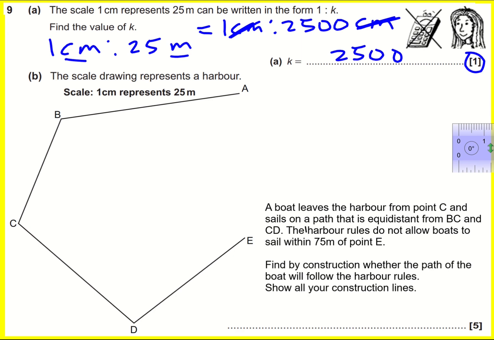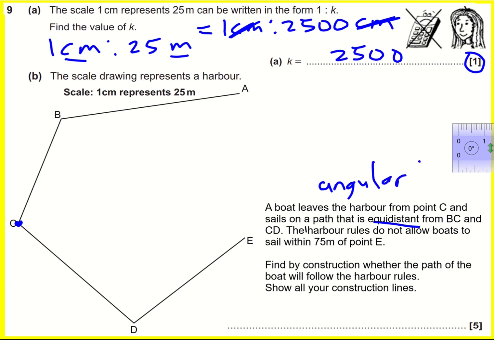Second part, okay, we've got a harbour, this ABCDE shape. A boat leaves the harbour from point C and sails on a path that's equidistant from BC and CD, the same distance from BC and CD. Now that is basically saying angular bisector.